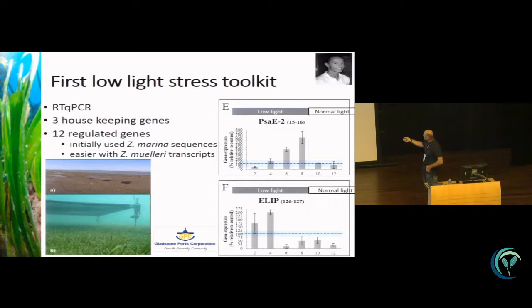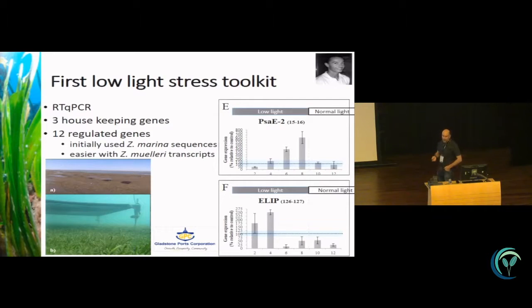So PSAE number 2 is a photosystem I enzyme, and you can see that as soon as you put it under low light, the gene regulation ramps up, and these are fold changes. So it's quite a significant fold change. As soon as you put it back into normal light, that gene regulates back down. So we've got a tipping point. We've got a marker gene that under certain light conditions, if we see that change, it tells us something.